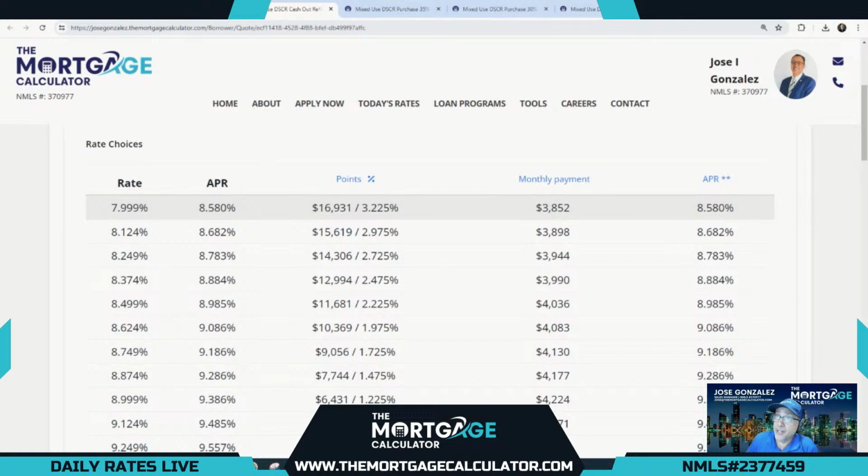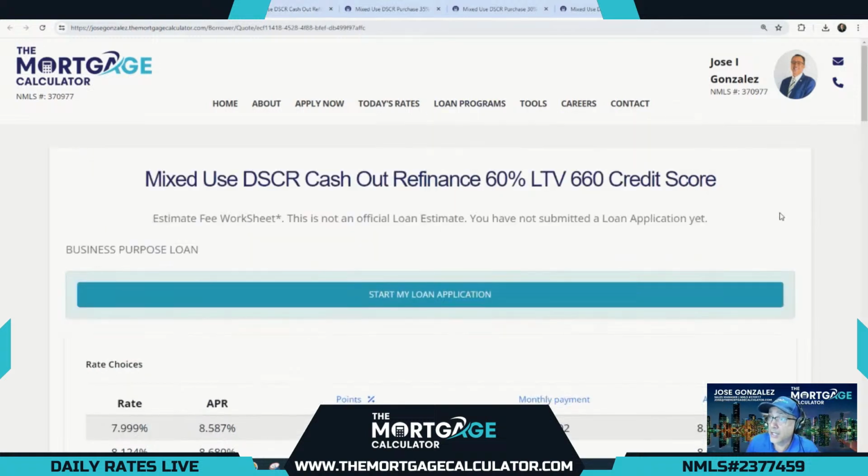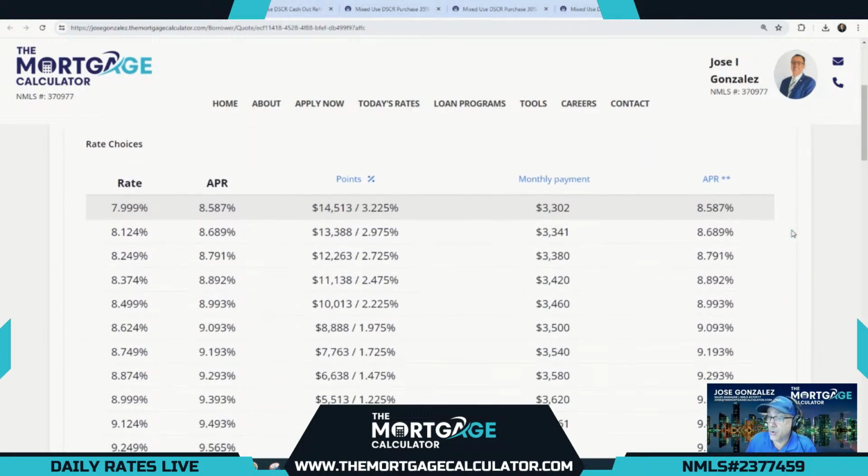And our last option here to share with you is the cash out refinance at the lowest acceptable credit score under this option, right? This hybrid mixed use DSCR option that we have. 660 is the minimum credit score, and 60% is the maximum LTV when you are doing the cash out refinance with that score.